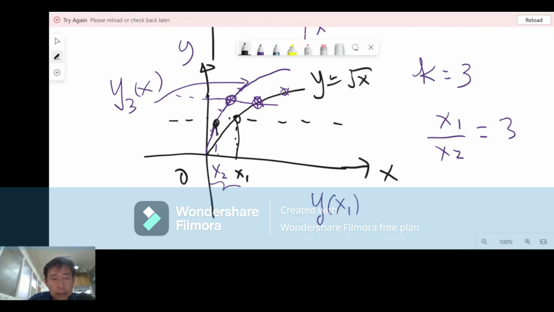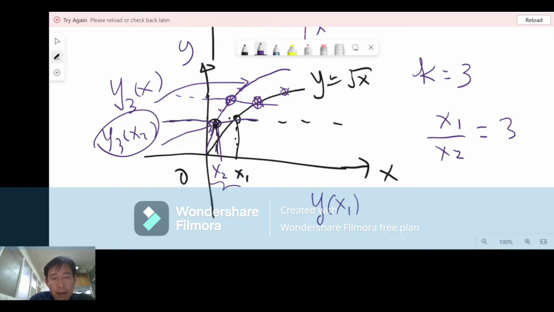This is the value of y at x1, and this is the value of y3 evaluated at the point x2.